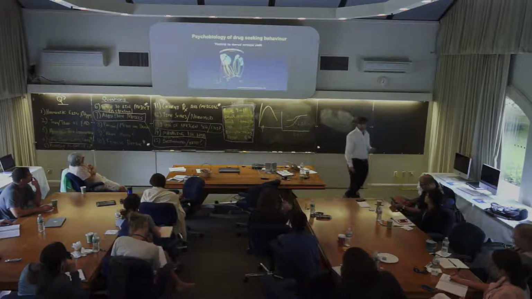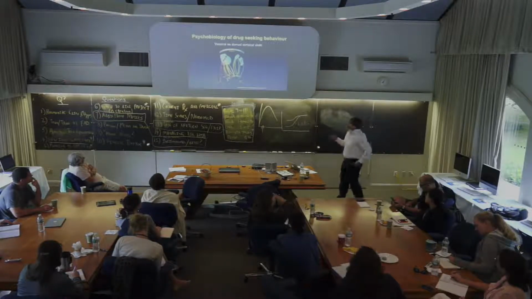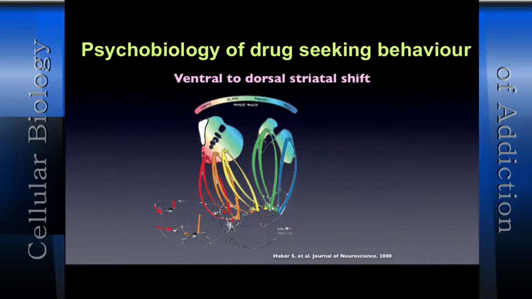One potential neuroanatomical substrate was the new, not brand new now, but the new functional anatomy of the basal ganglia that was described by Suzanne Haber. Suzanne showed that GABAergic neurons in the shell that receive projections from the VTA send projections back to these neurons in the VTA in a feed-forward loop.